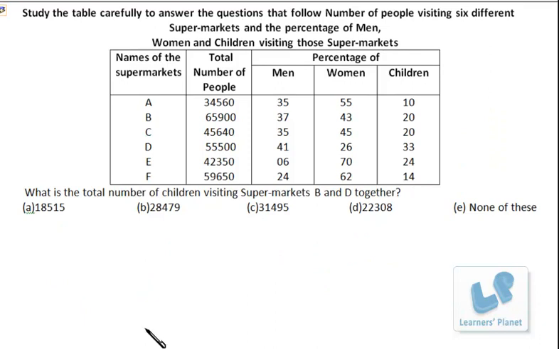Now let's see this question. What is the total number of children visiting supermarkets B and D together? Now once again, a tedious calculation. Supermarket B, that is 65900, into number of children is 20%, plus D, that is 55500 into 33%, right?